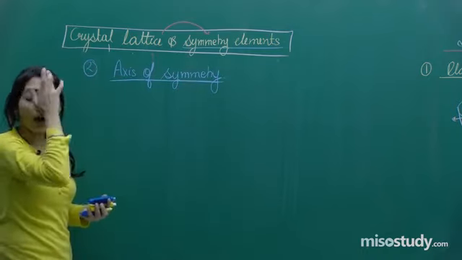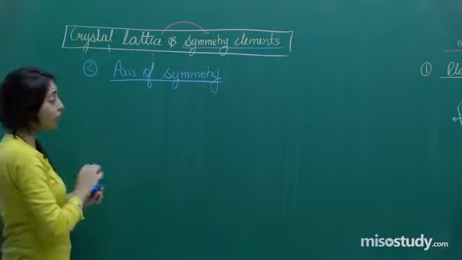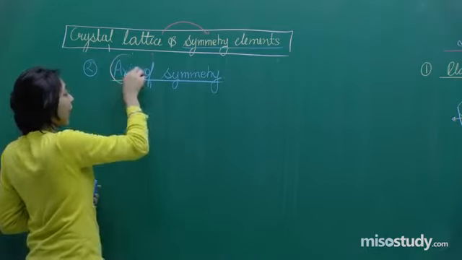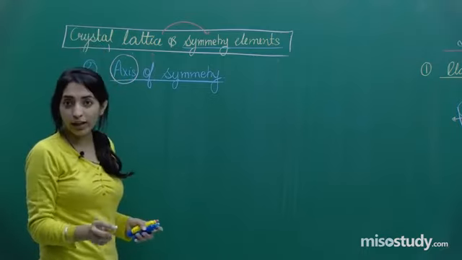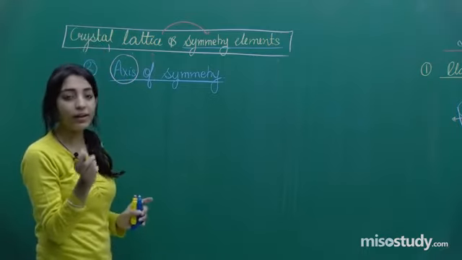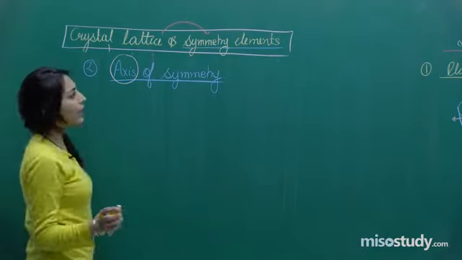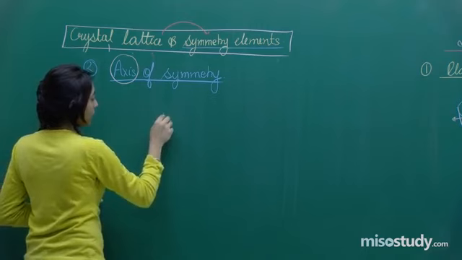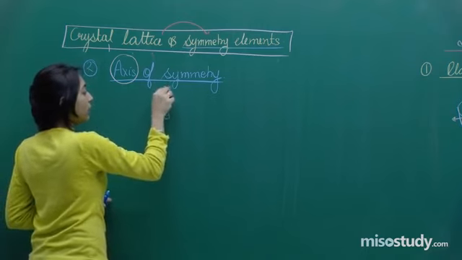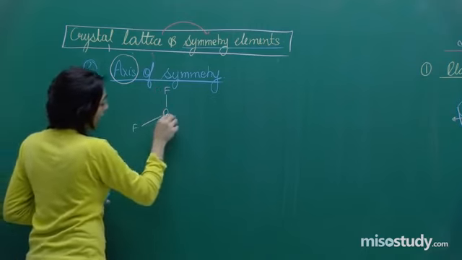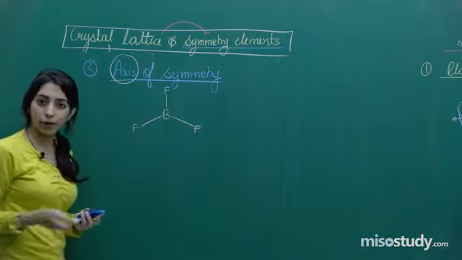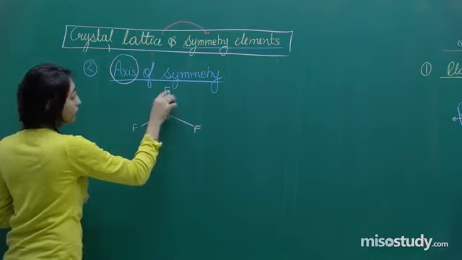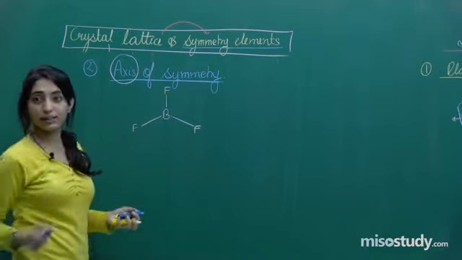Now see guys, what do we mean by axis of symmetry? An axis of symmetry is any particular axis about which the molecule is symmetrical. For example, I can consider one very simple molecule, BF3. Here I know this is F, F, F and the center is boron.